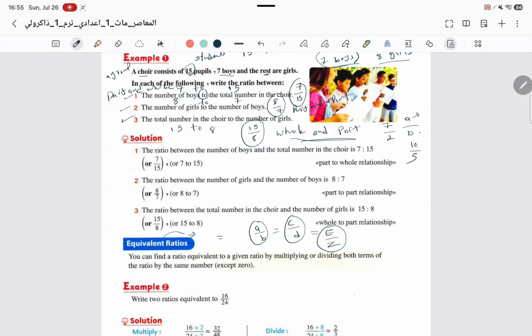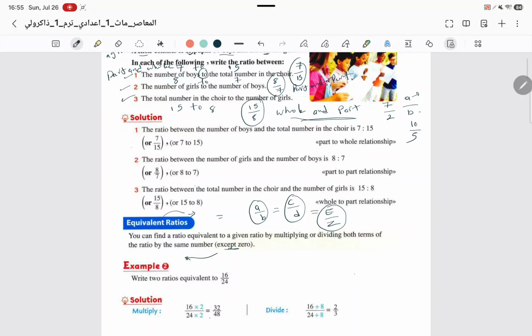here he said you can find a ratio equivalent to a given ratio by multiplying or dividing both terms of the ratio by the same number except 0. How? We can take the second example to understand more about the equivalent ratios. I said here, write two ratios equivalent to 16 over 24.